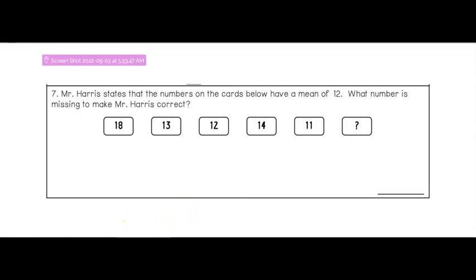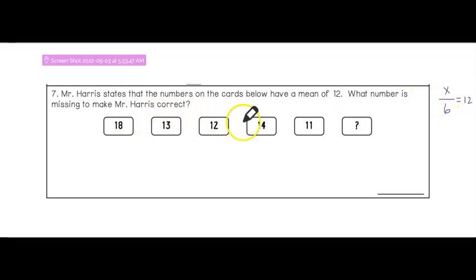So in other words, whatever number x is, whatever sum we divide by 6 is going to have to equal 12.